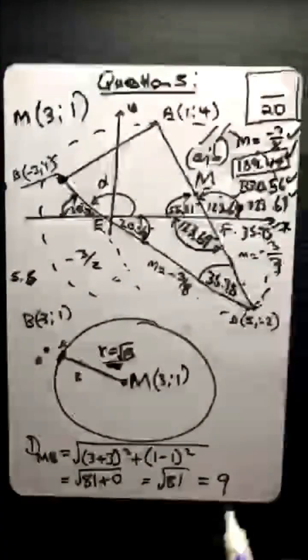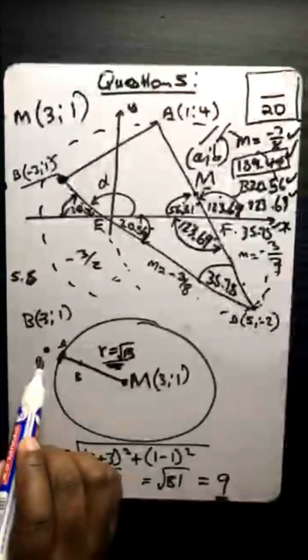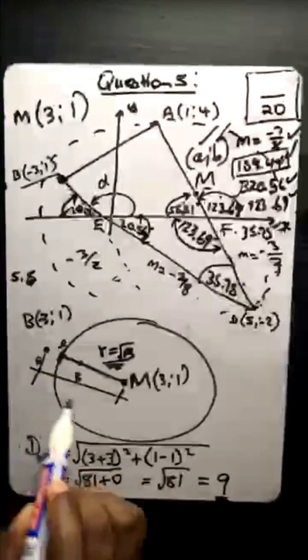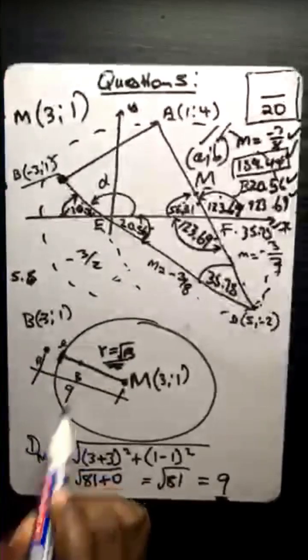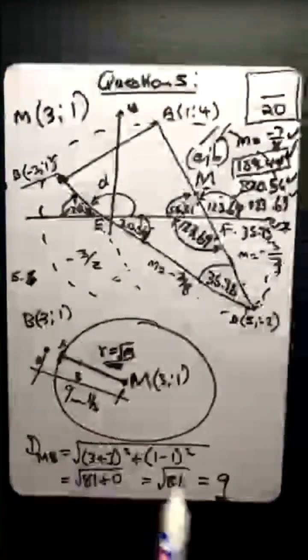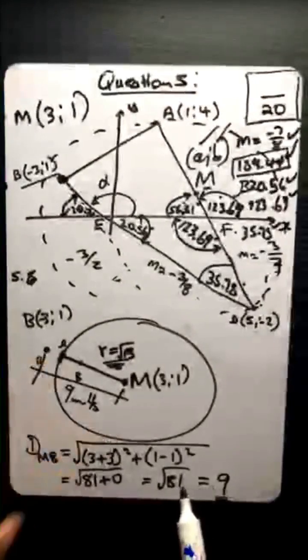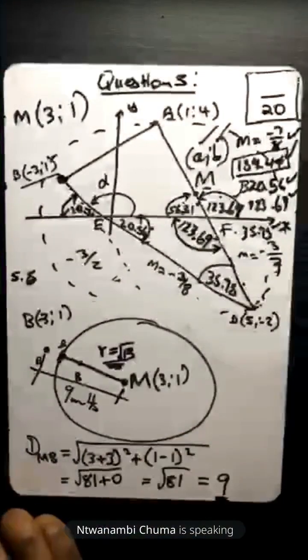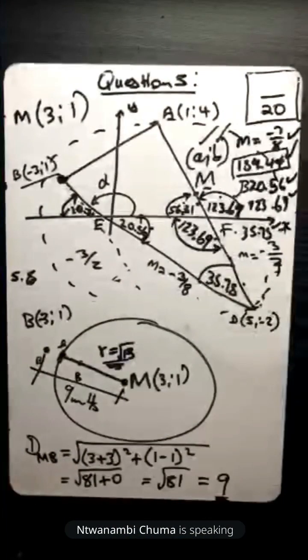So what does it mean? That means you need to compare 9 and that. From the center to B, it's actually 9 units. And 9 units, when you compare to the radius, I think it's not 81. It's the square root of 36.